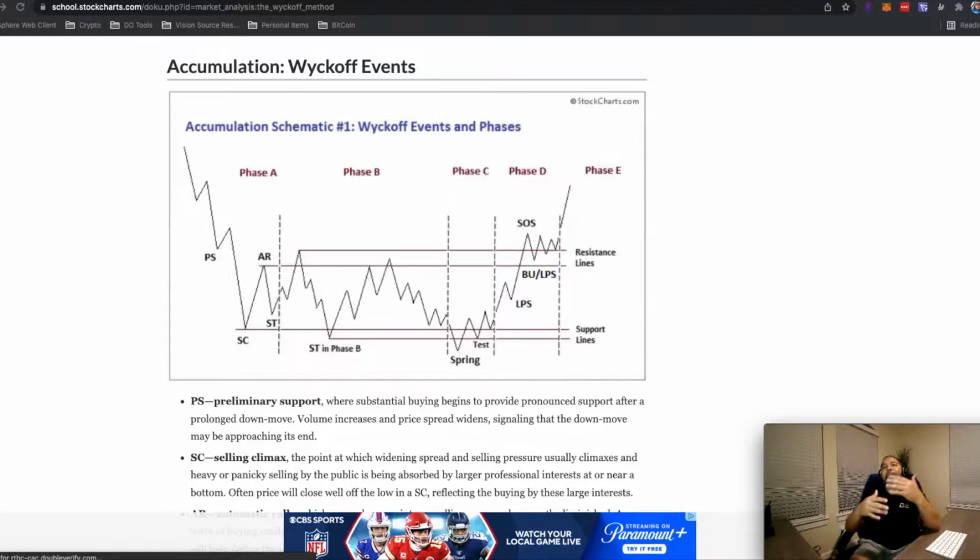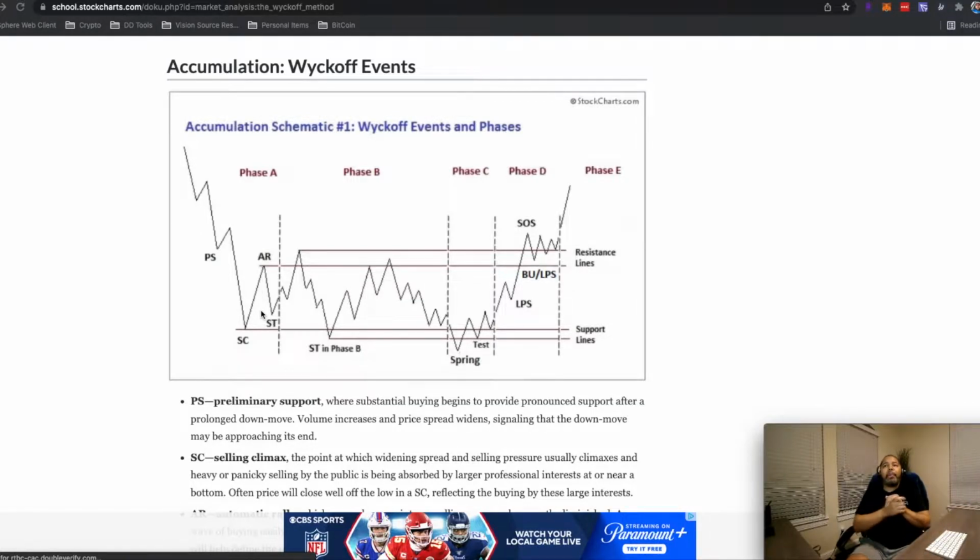Now, one of the things I want you guys to understand about these different schematics is they might not look exactly the same as this particular schematic here. It'll have these components, but all the little intricate moves within this schematic, you might not see. In some areas, for example, and we'll get to all of these abbreviations in a little bit, in some of these examples you notice that price has impulsed past the AR, that might not happen.